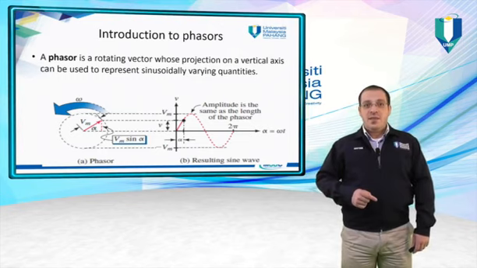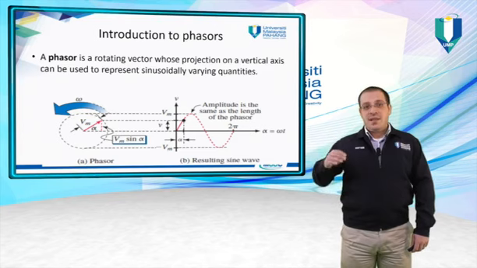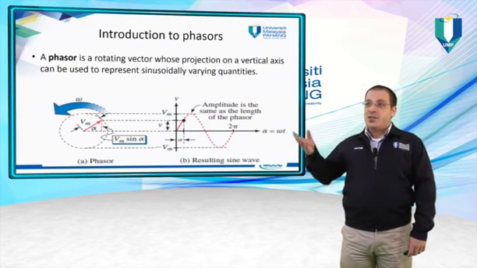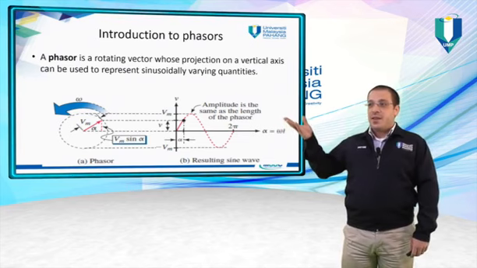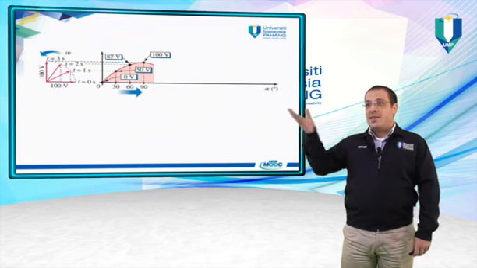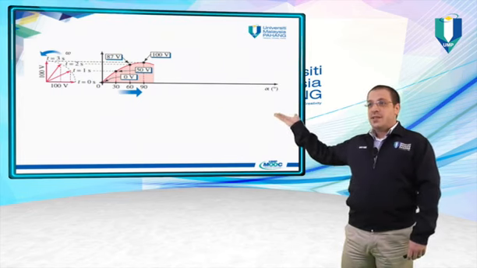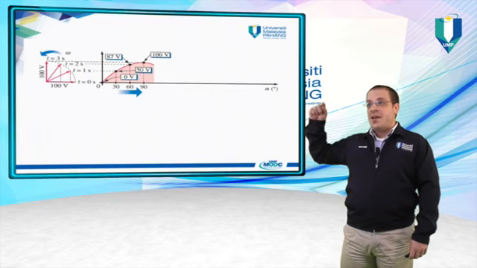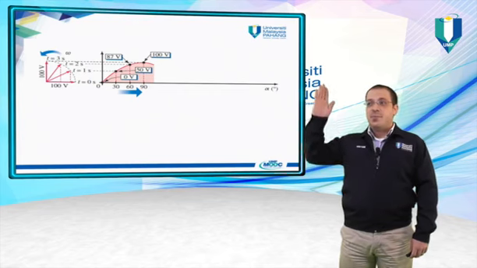Why do we need this vector? Because let's see how it generates the sinusoidal waveform. As you can see here in the graph, when it starts at position 0, the value is 0. Now, increasing 30 degrees by time, you see the value is increasing until it's perpendicular.